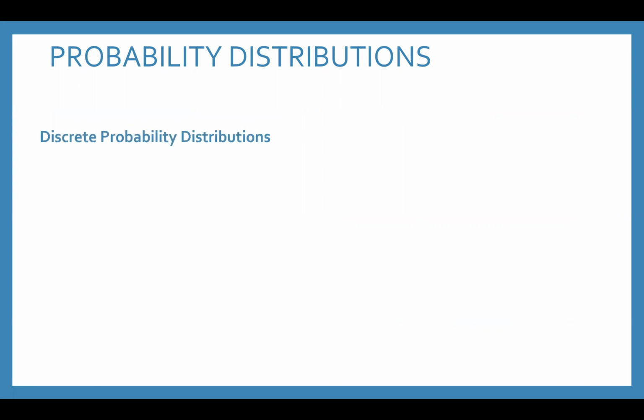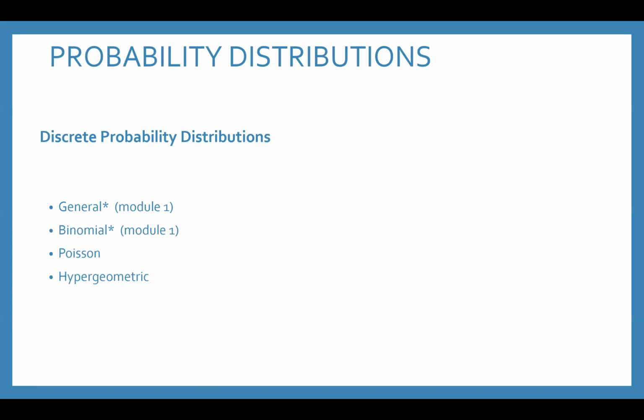There are a variety of discrete probability distributions that are used throughout statistics, as well as continuous. We have just a general discrete probability distribution, which we are going to look at in this lesson. We also talk about binomial, which we're going to talk about in this lesson. Two others are Poisson and one called hypergeometric.